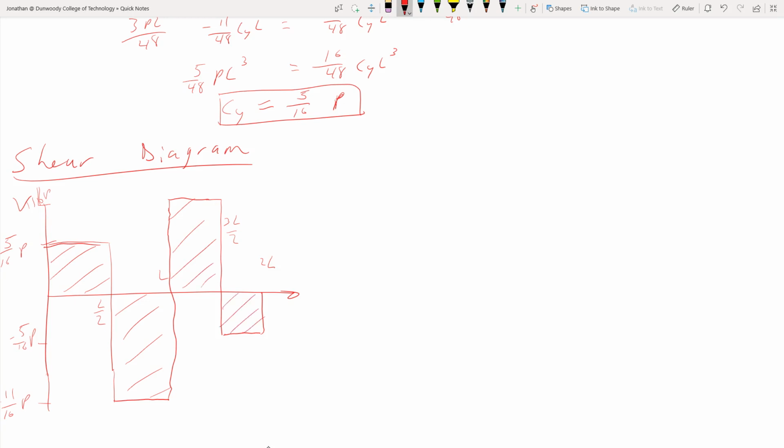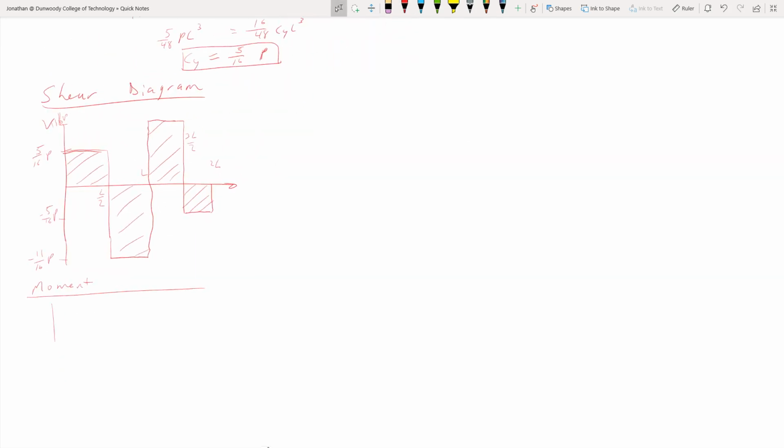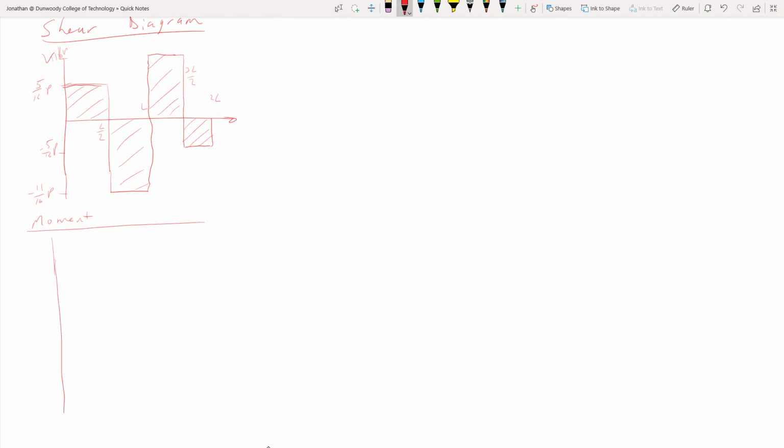Alrighty, and now our moment diagram. So I might need a little bit of room here. Shrink that down a little bit. I'll zoom back in a moment. So we're going to start out no moment here. What do we get? We're going to do L over 2. So we get 5/32 LP as our peak here.